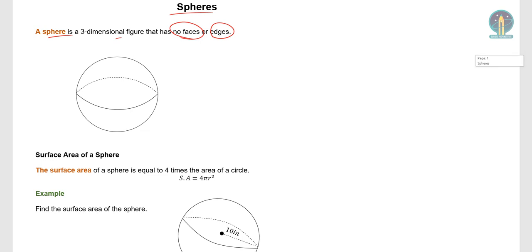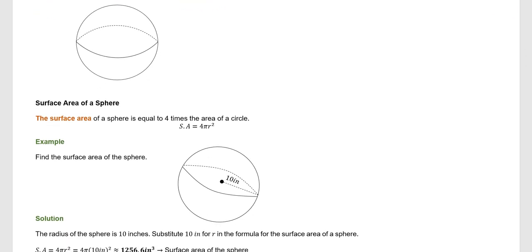The surface area of a sphere is equal to 4 times the area of any central circle, one that goes through the center, right? Of course, you can take other circles inside the sphere, like a smaller circle, but that's not going to go through the center of the sphere.